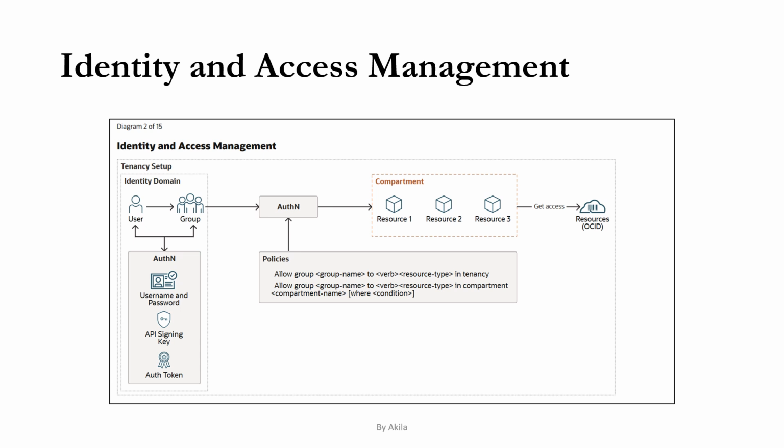So verb and then resource type in a particular compartment. If within that compartment itself you want to add a fault domain or availability domain, that also we can access for a particular scenario to get the resource. That should be given in the where condition. That is also possible with identity access management.